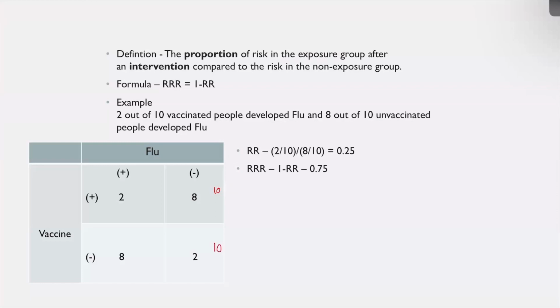And again, 10 unvaccinated, so 8 developed flu and 2 didn't. So the relative risk is 2 upon 10 divided by 8 upon 10, so that's 0.25. To calculate the relative risk reduction, just subtract relative risk from 1, and you'll end up having 0.75. So that is your relative risk reduction.